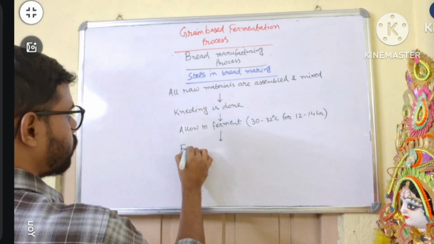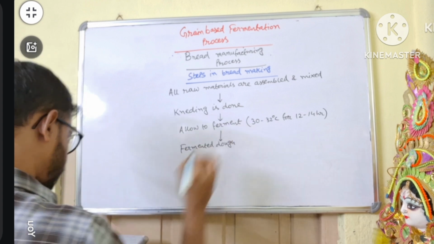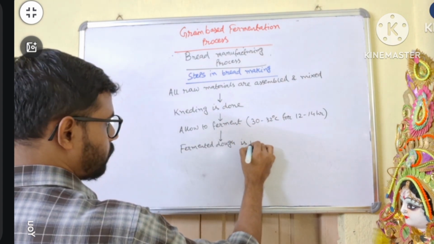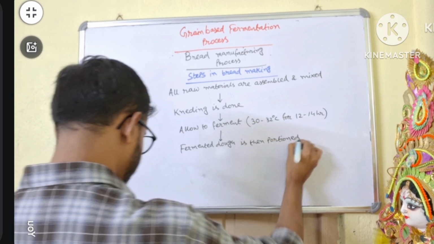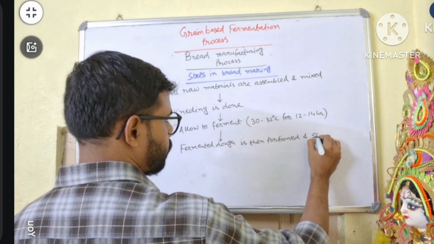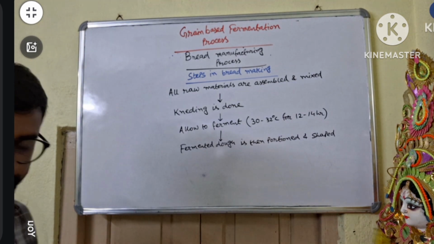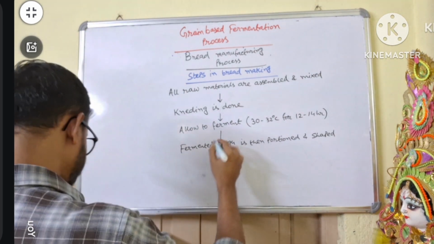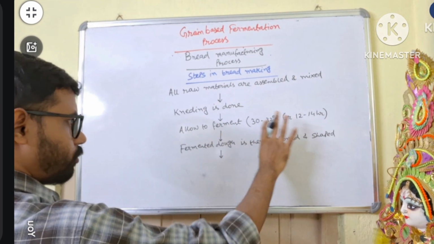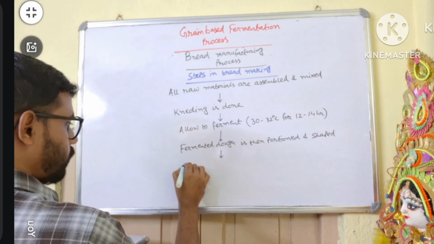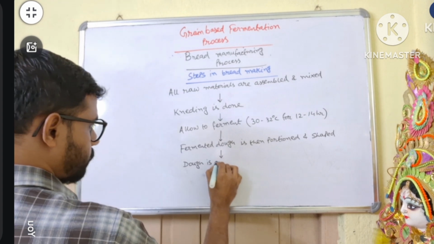So the fermented dough is then portioned and shaped, round shape, rectangular shape, any kind of shape given. After the shaping or portioning, the dough is allowed to rest for some time.